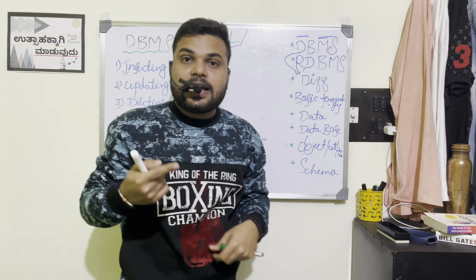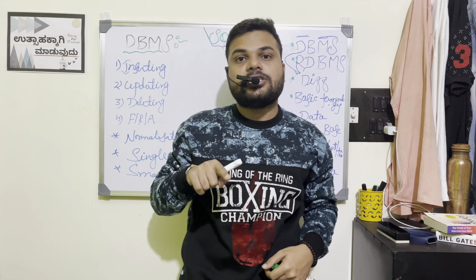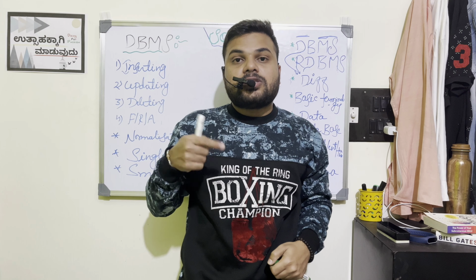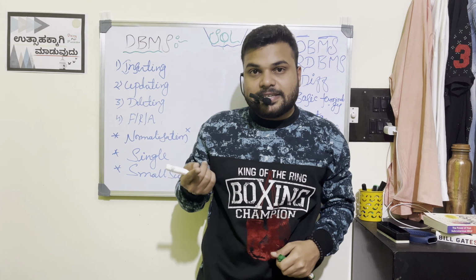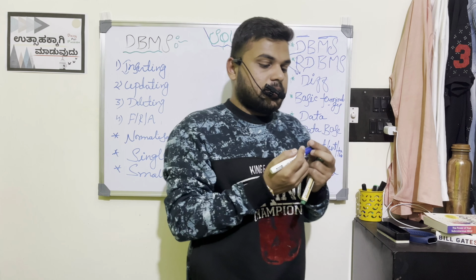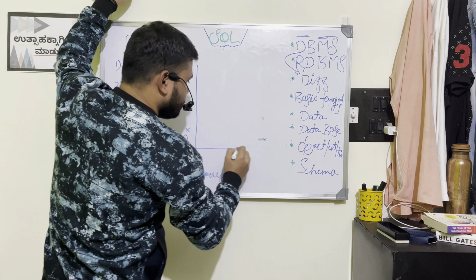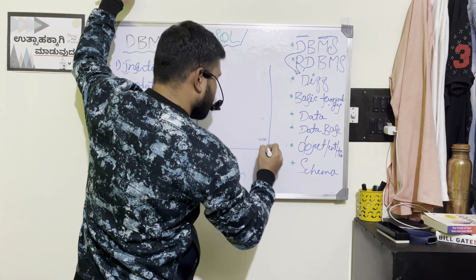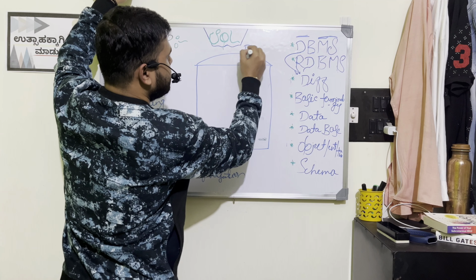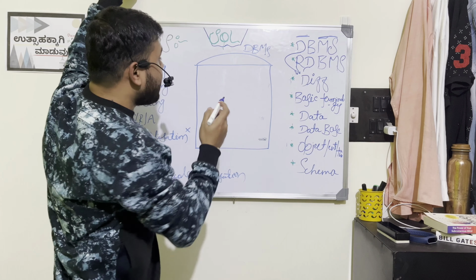In DBMS, data will be stored in file format with different extensions, hence establishing a relationship between the files is not possible in DBMS. Example, consider this is the DBMS. Data will be stored in file format.